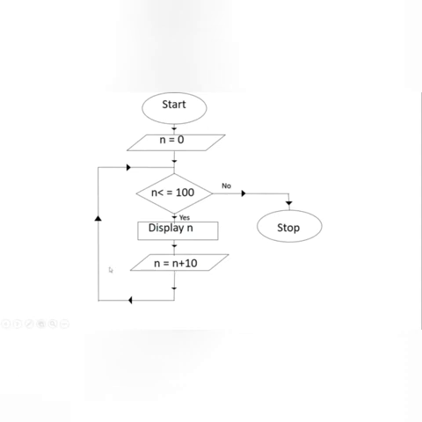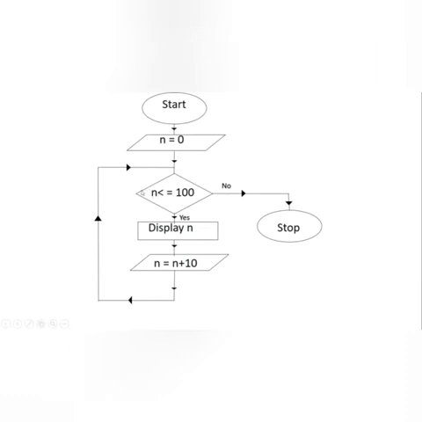The data flows, and there we see a repetition. This is a sequence, and now the process is being repeated. This is actually the second repetition. So now this n is no longer 10, this n is now 20.